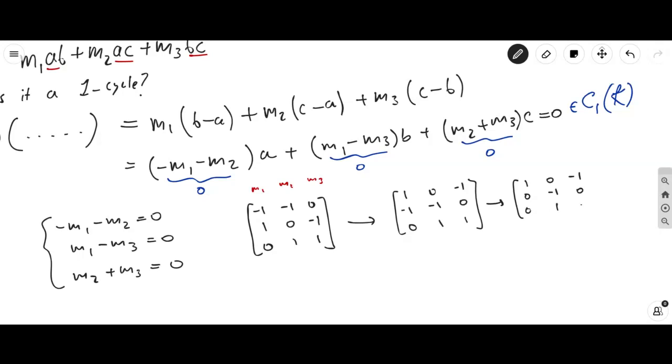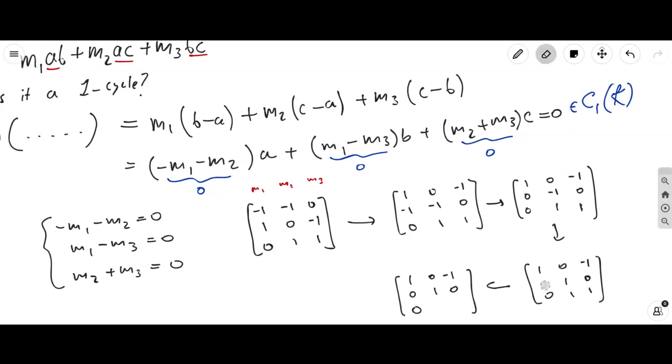As you can see, this is kind of boring. The topology is interesting, but the computation is boring. Normally, you can just do this on software. And then we go again, subtract the second row from the third row.